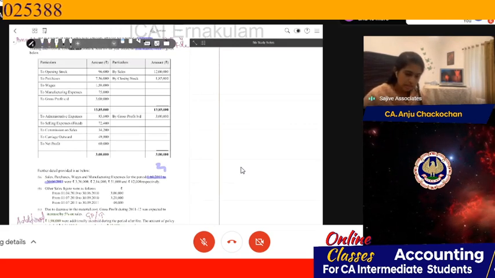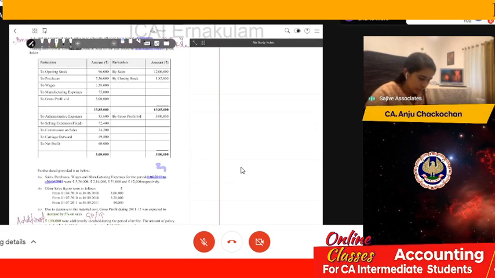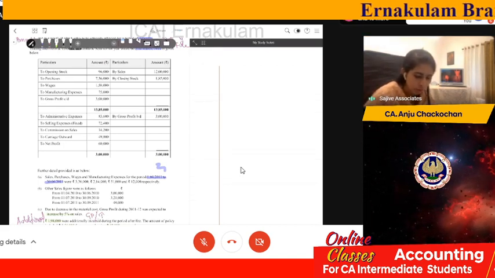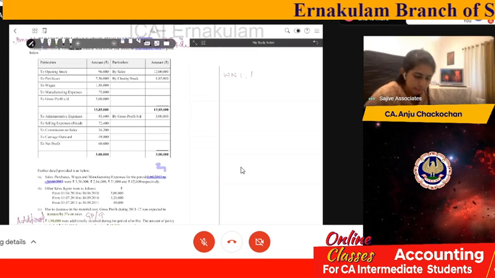I'll just note this down as basic data. Only this point will be required. All others are very much clear. Working note 1, basic data.